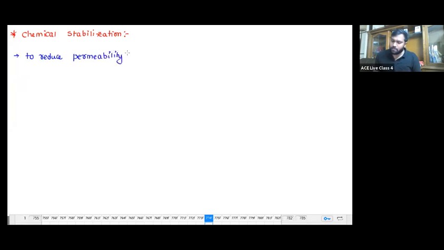When you reduce the permeability, the soil will take a very long time to undergo settlement. When you lower the permeability, water will not be allowed to go out easily, so settlements decrease and, in turn, strength improves.